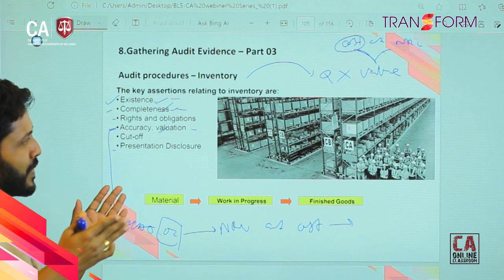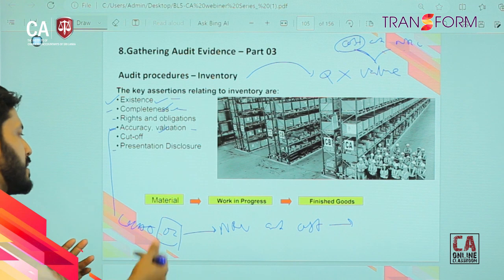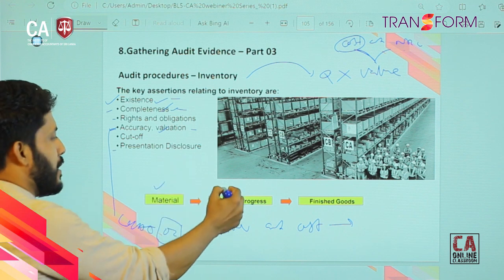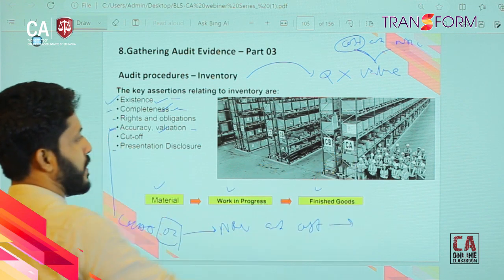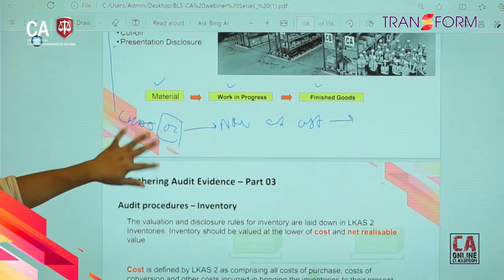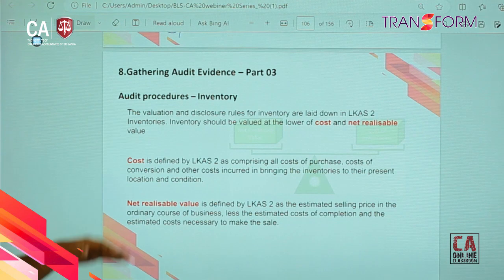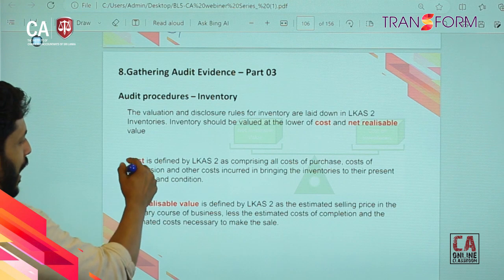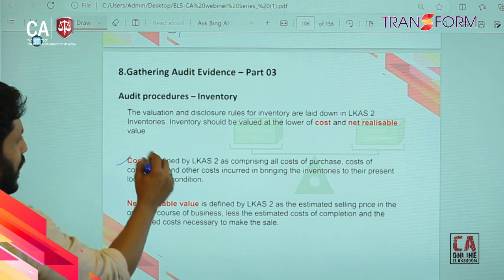So that is the basic understanding you should have. As I mentioned, we may have material, work in progress or finished goods, right? So then we can go forward. Here I mentioned the inventory measurement basis as per LKAS 2. We are having the cost, no need to calculate.